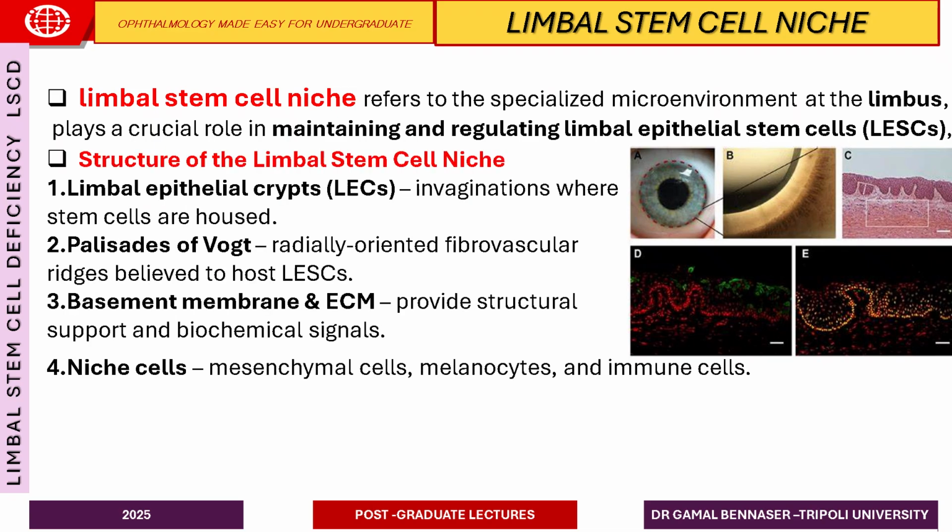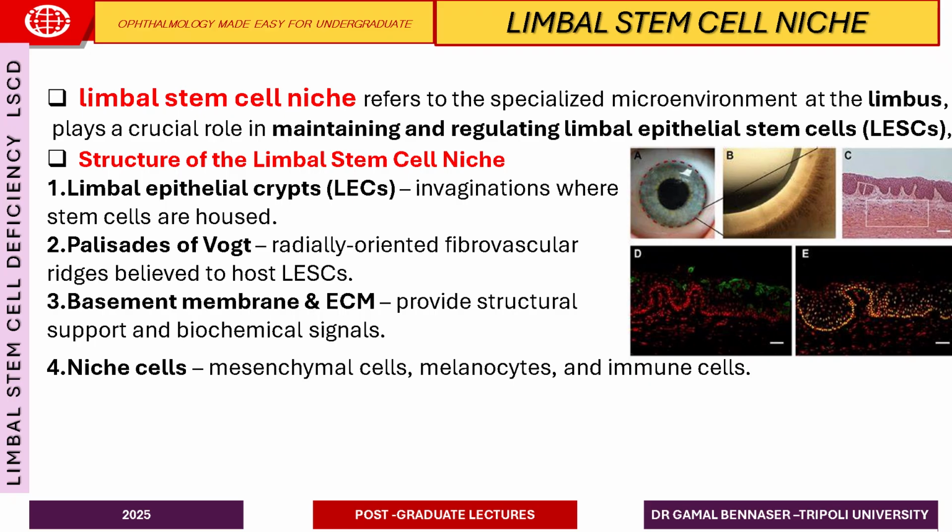What are the components or the structure of this limbal stem cell niche? It is made up of the limbal stem cells, which are placed in the crypts within the palisades of Vogt. We have mentioned before that the palisades of Vogt are radially oriented fibrovascular ridges, believed to host the limbal stem cells. It also contains the extracellular matrix and the stromal cells that, in combination with the basement membrane, provide the structural support and the biomechanical signals for these cells.